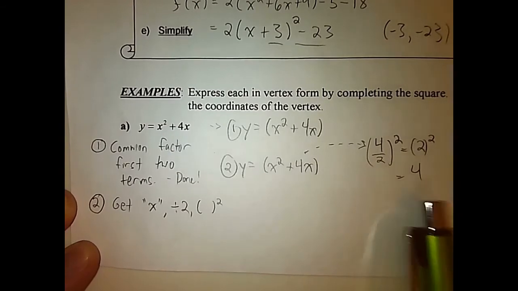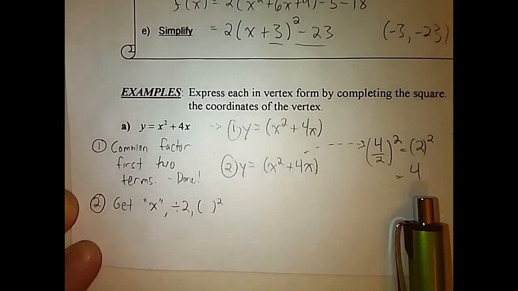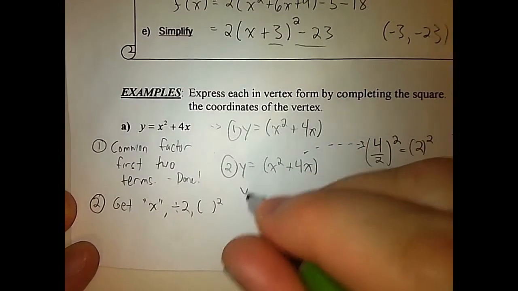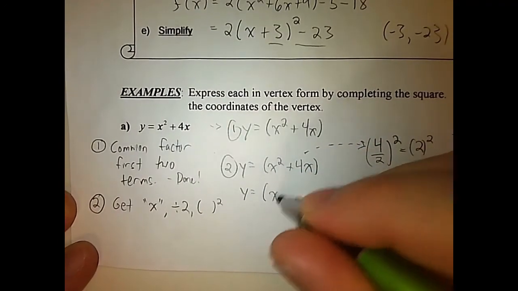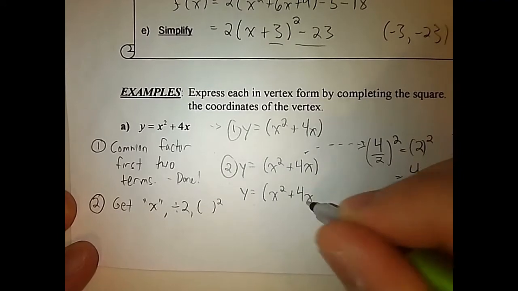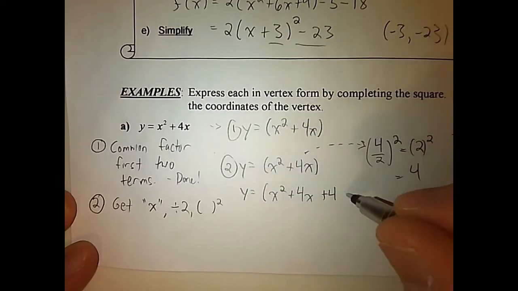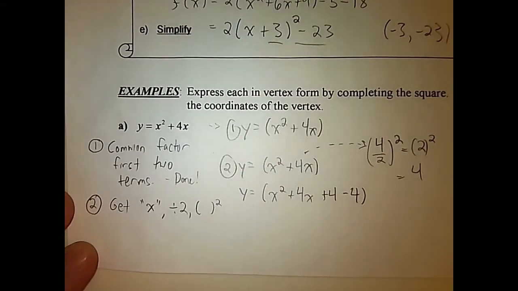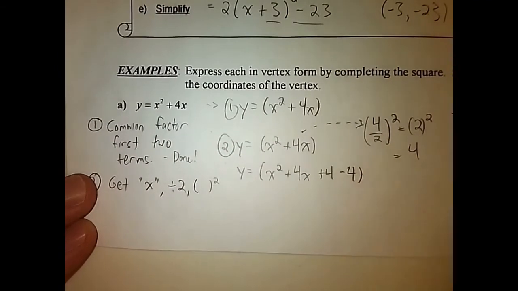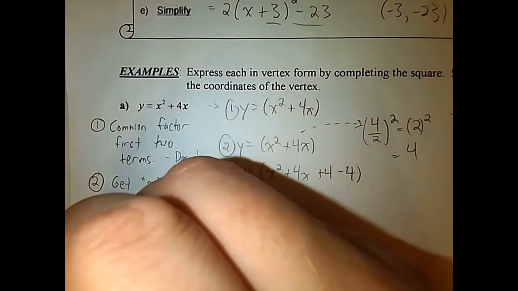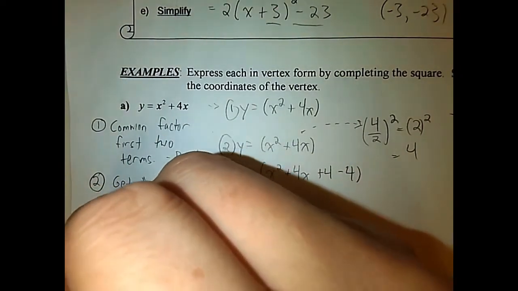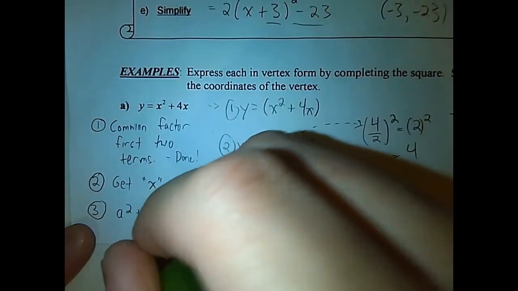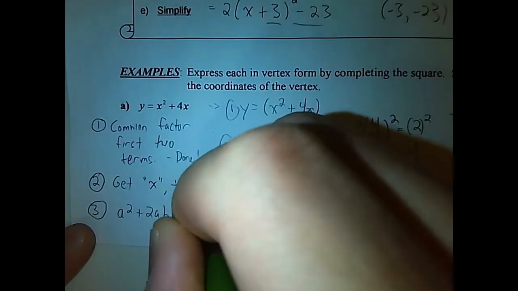So then I'm going to get this, and I'm going to add and subtract it into the brackets. Add it into the brackets, subtract it into the brackets. So, step number 3 is we want it in our special case form of a squared plus 2ab plus b squared.